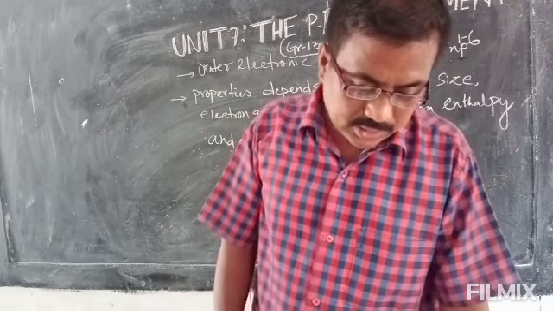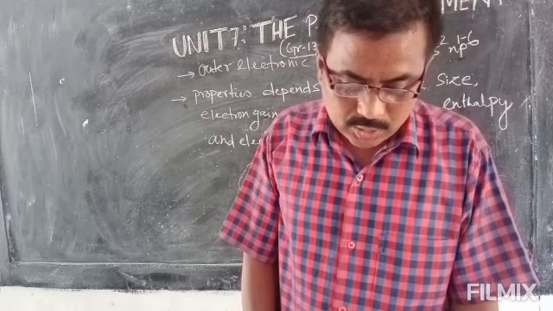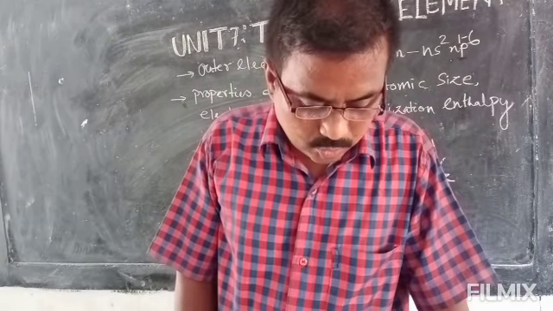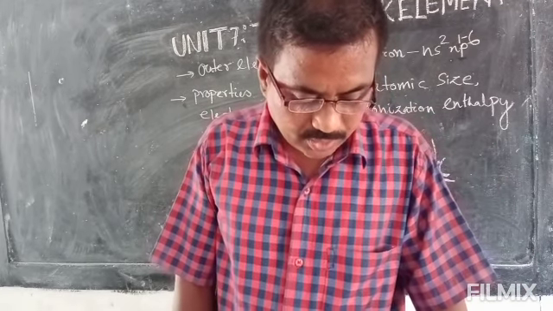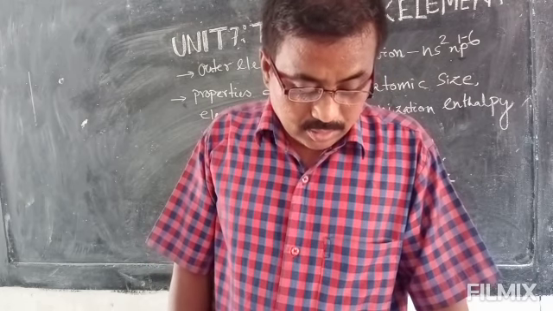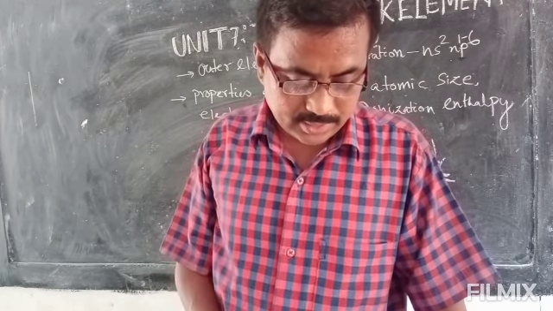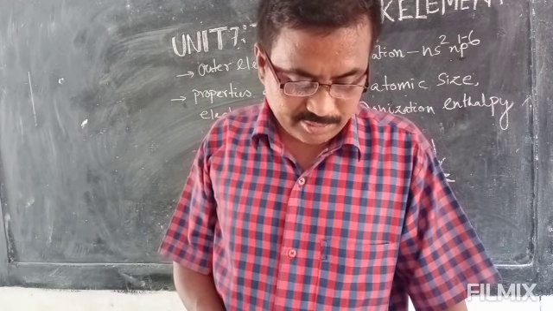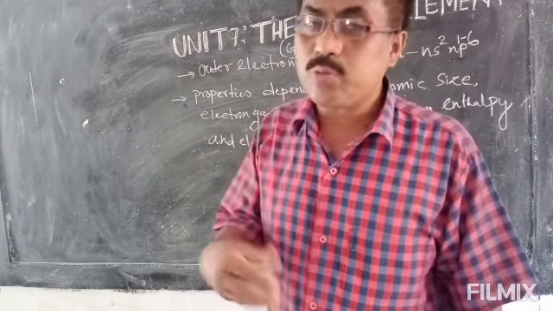Besides the +5 oxidation state, nitrogen also exhibits +1, +2 and +4 oxidation states when it reacts with oxygen. The different oxidation states except +5 can be shown by the compounds of nitrogen with oxygen.